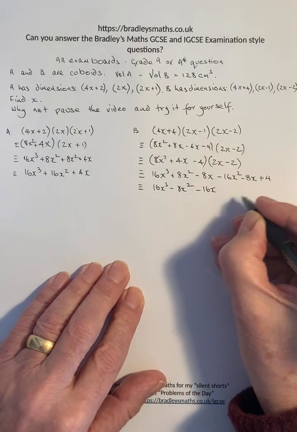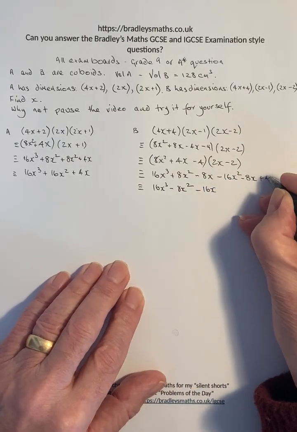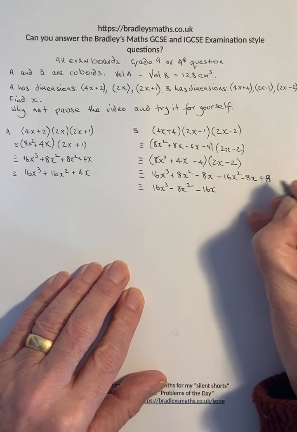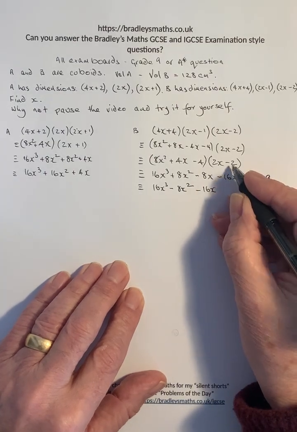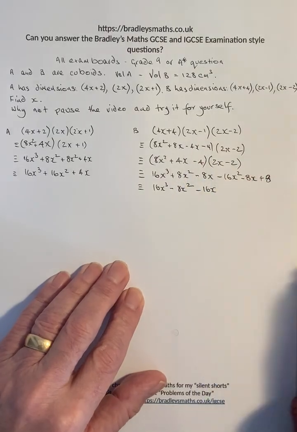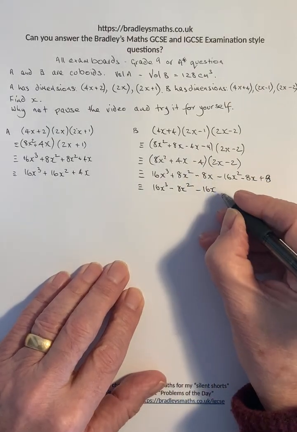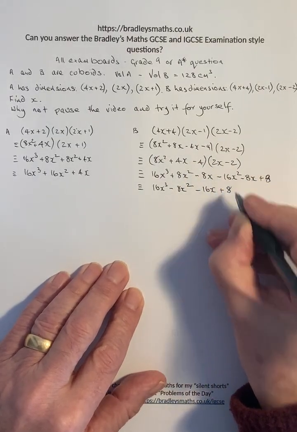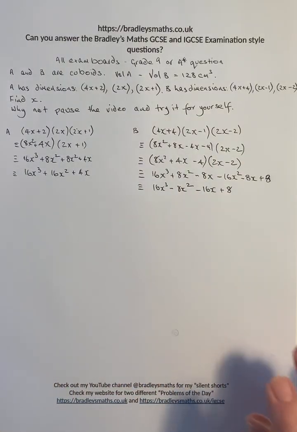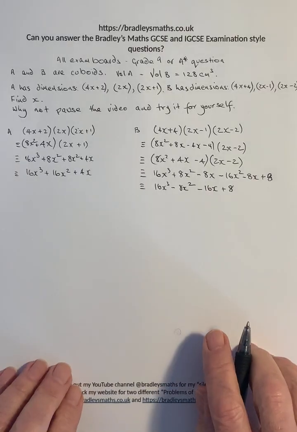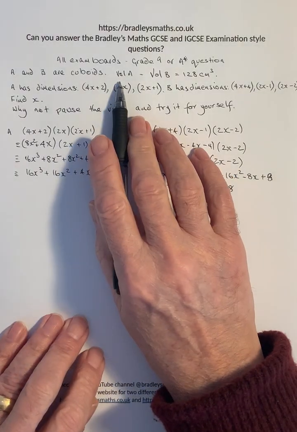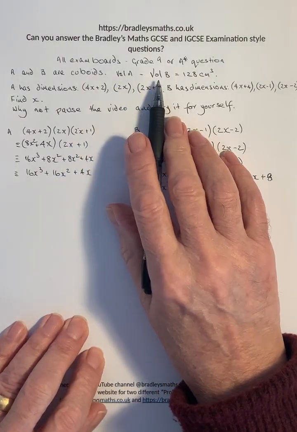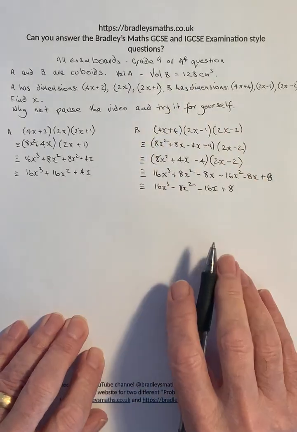And this is not plus 4, this is plus 8 on the end here. Negative 2 times negative 4 is positive 8, so that is plus 8.